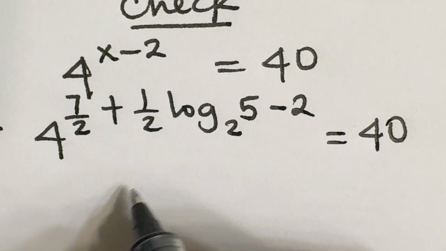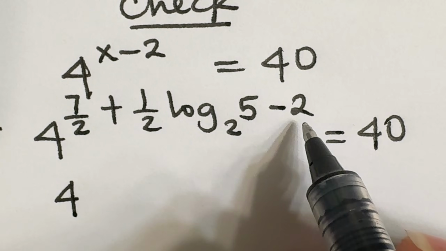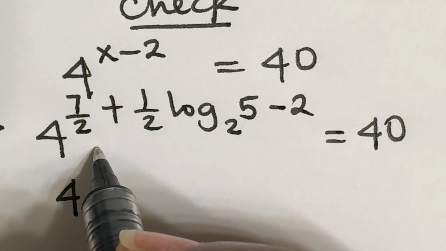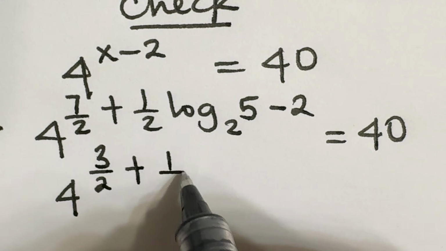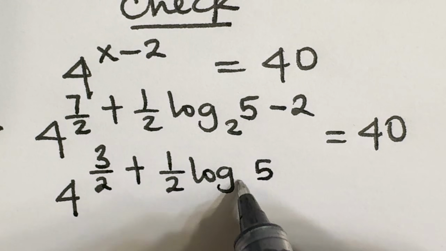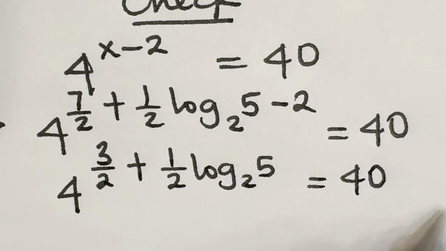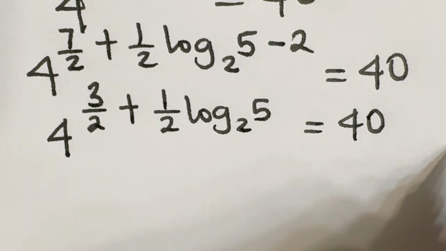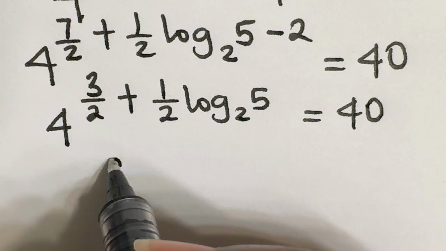Then we say 4 raised to power 7 over 2 minus 2 here will give us 3 over 2, then plus 1 over 2 log 5 base 2 to give us 40. To separate these powers, we use this law of indices.